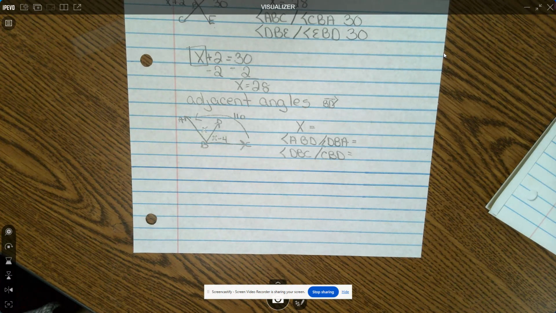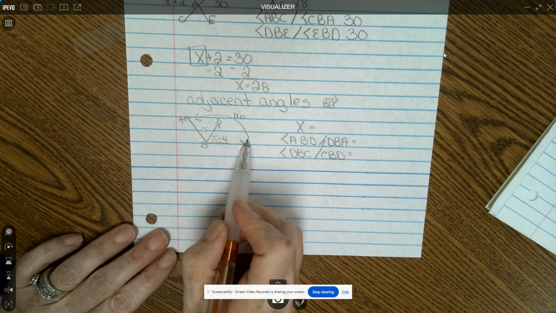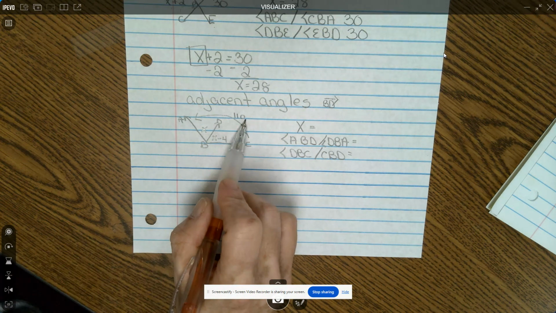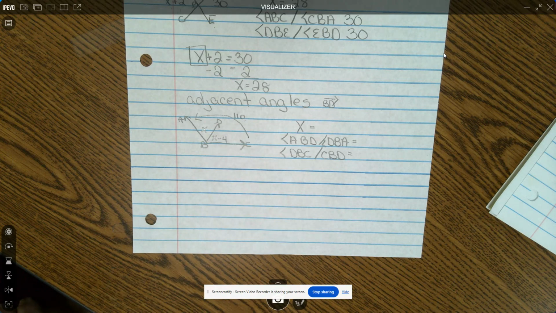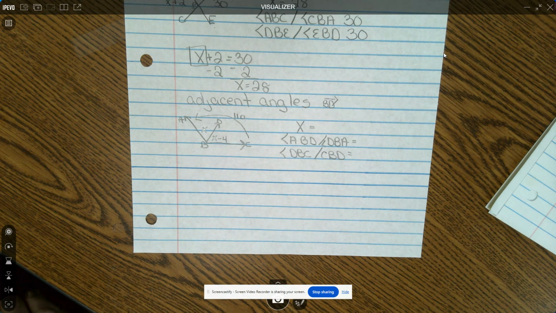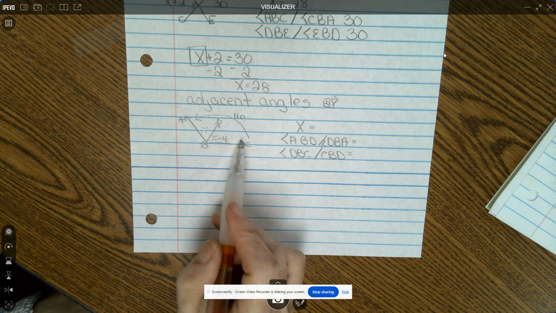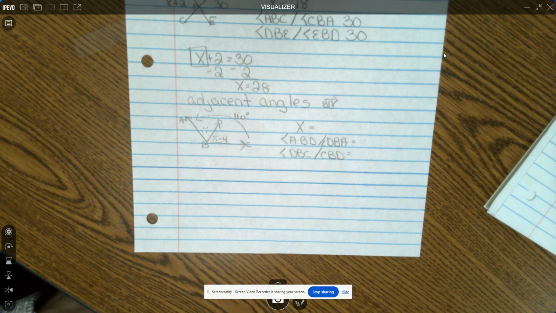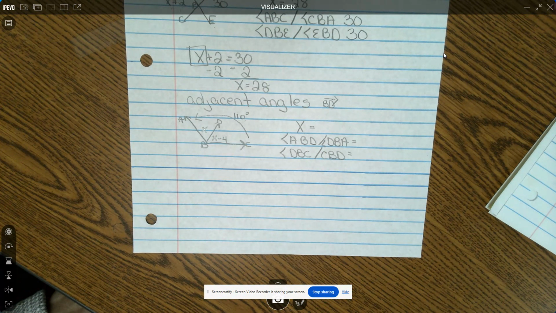So the difference with adjacent angles is, you see how I told you that this degree right here is 110? I'm providing you the information on what it's equal to. It's not a straight line, and you don't have a 90 degree square. I didn't tell you it's supplementary or complementary. I did tell you that this angle right here is 110 degrees. So it is A-okay if you get this wrong.